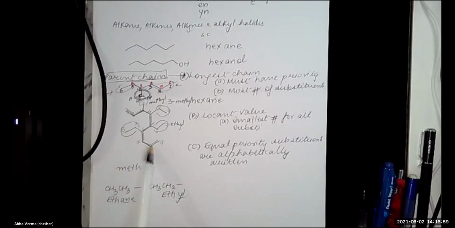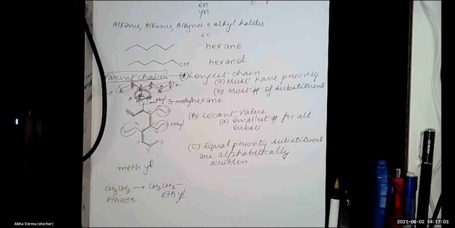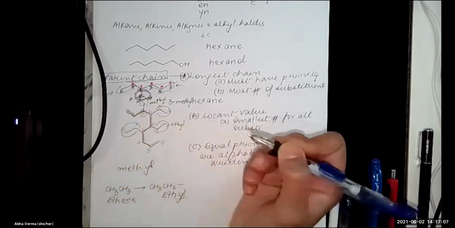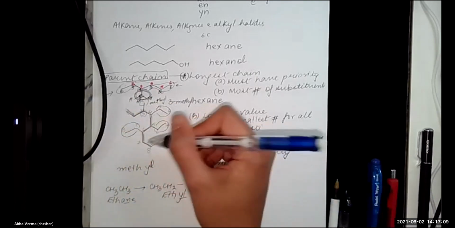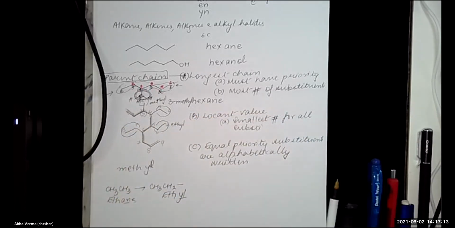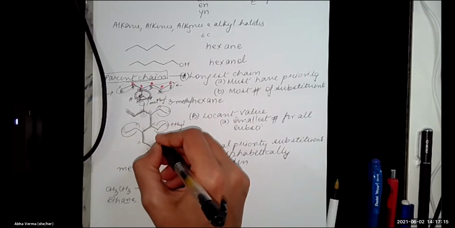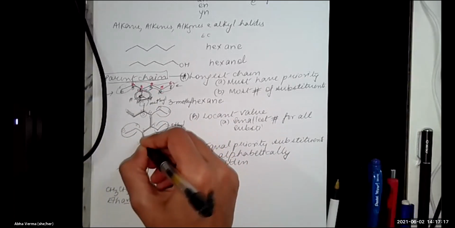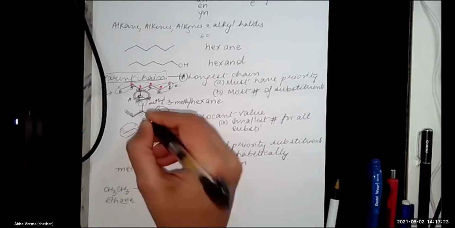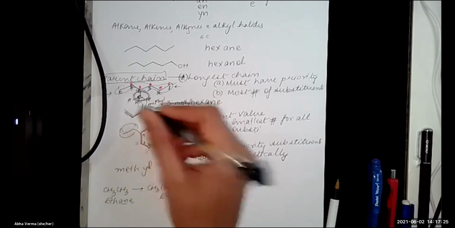And so, first of all, let's find our lowest locant. My lowest locant should be 1, 2, 3, 4, 5, 6. If I had started my counting from the opposite end, 1, 2, 3, 4, my first locant would be at 4, 5, 6, 7.